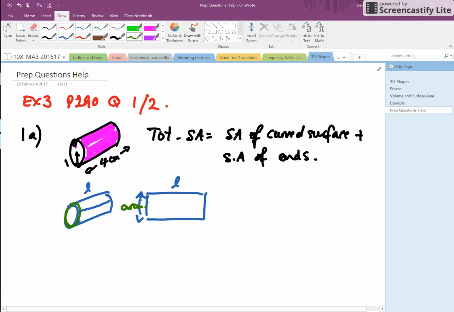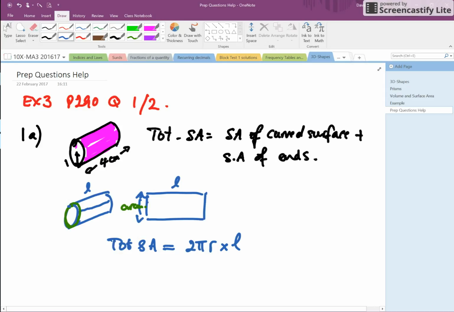So let's go back to our problem that we've got. So my total surface area is equal to surface area of the curved surface. That's the circumference of the circle, and the circumference of the circle is 2 pi r. It's 2 pi r multiplied by the length.